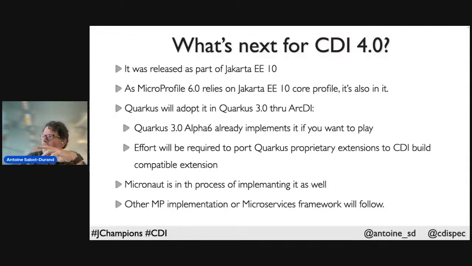So ArC provides you a build compatible extension, and there was a lot of work done by the Micronaut team as well to make sure that the way of doing this portable extension is compatible with Micronaut and will make sense for Micronaut to implement the CDI specification.